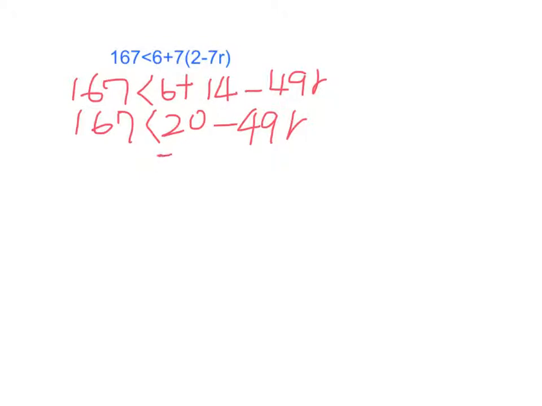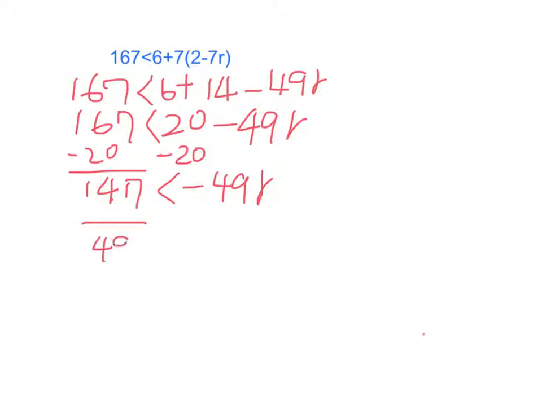And each side minus 20. 147 minus 49r. And each side divide by negative 49.